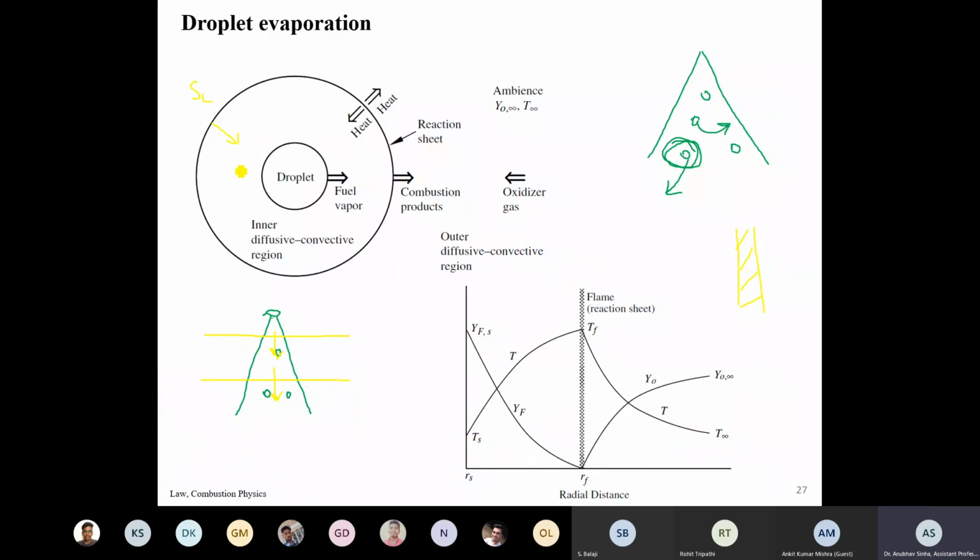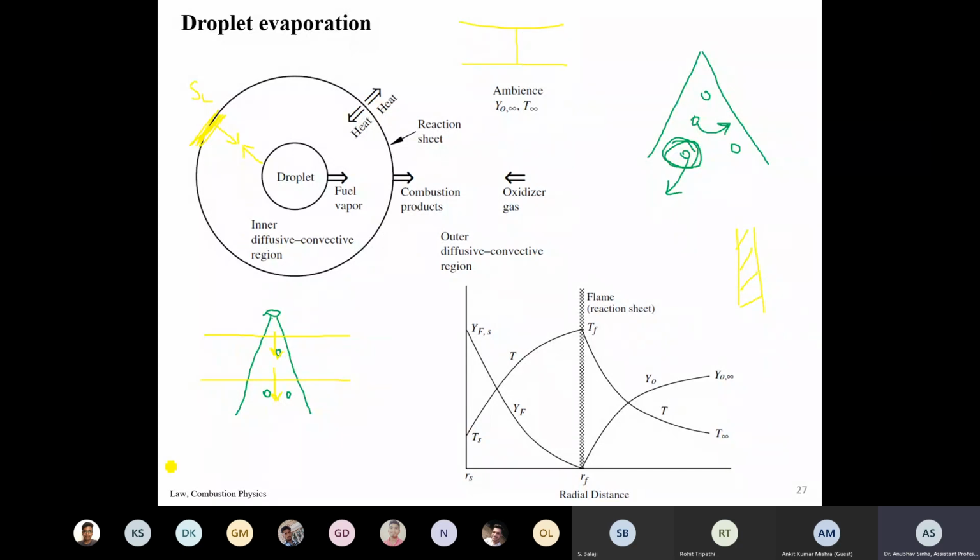Let us talk about a laminar flame. The flame will try to go inside by SL. If you supply fuel at a particular rate such that this is balanced, then the flame will be stationary here. That is what we saw for a tube. In a tube, when you supply fuel, you can hold the flame stationary. The same thing is happening here.